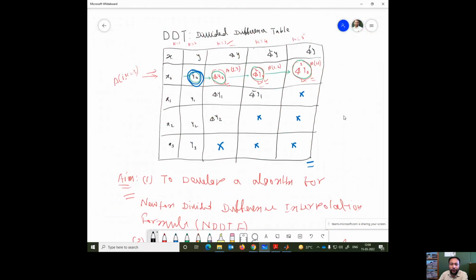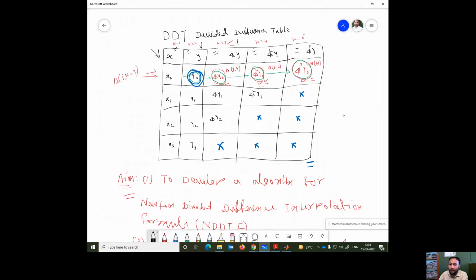In the divided difference table, we have column number 1, column number 2, column number 3, column number 4, and column number 5. In column number 1, there are no operations because this is the value of x. In column number 2, there are no operations because we take the value of y directly.